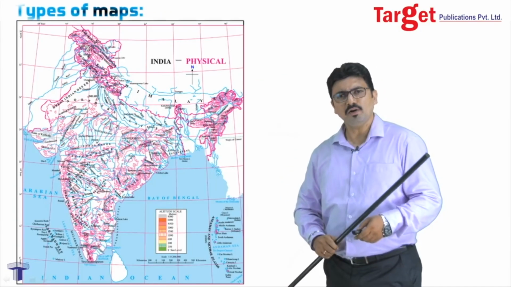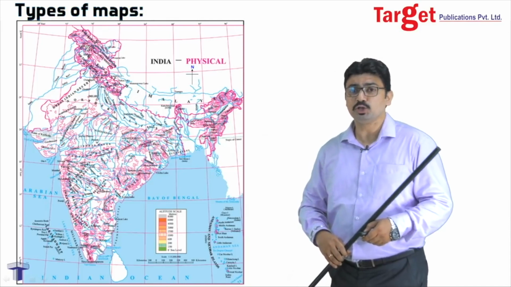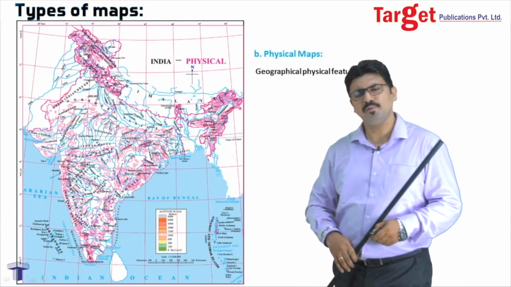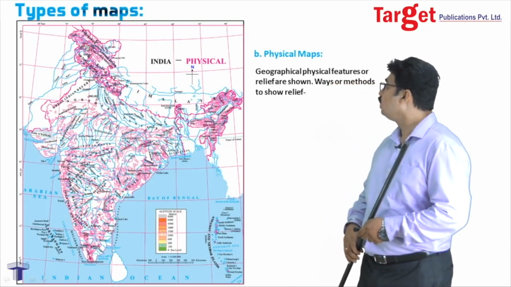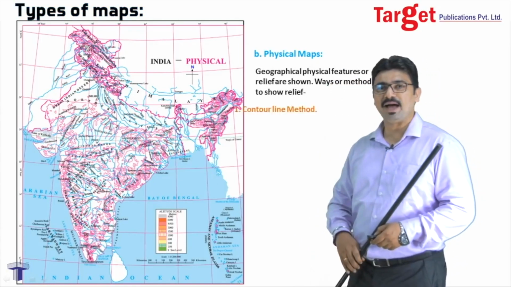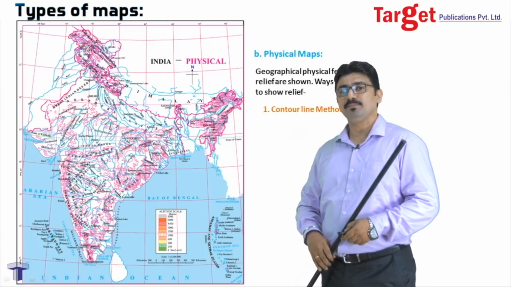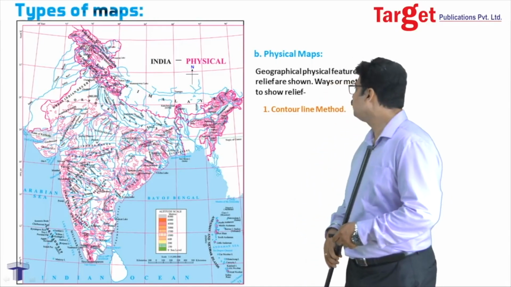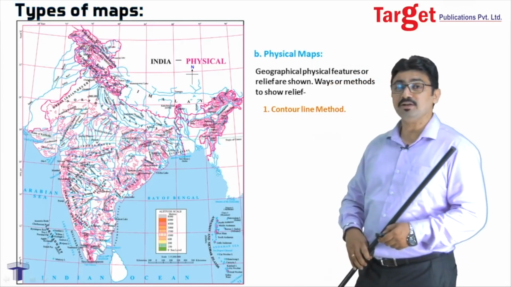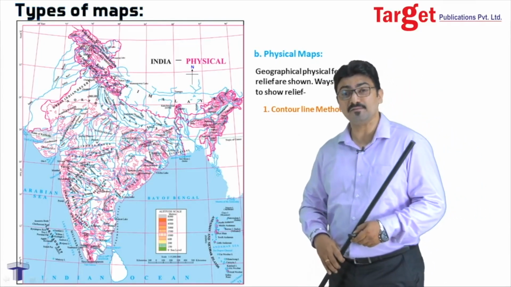Now, we need also maps which show hills, rivers and various physiographic features. What type of maps are those? Those are known as physical maps. Yes. Now, physical maps show us a variety of things. Let us see what are the different types of physical maps or what are the different ways of showing features in a physical map.